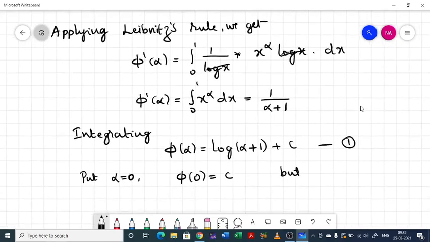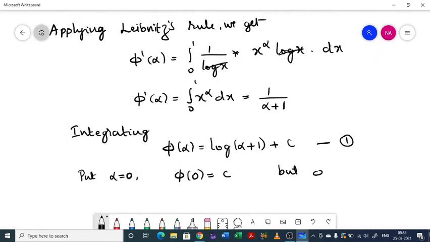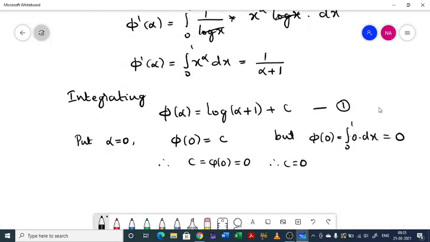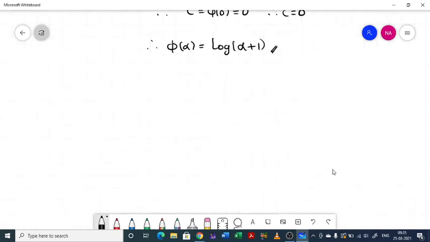So on the other hand, phi of 0, by definition, is integral 0 to 1 0 dx, which is 0. Therefore c equal to phi of 0 equal to 0. Therefore c is 0. Hence phi of alpha equal to log of alpha plus 1. That completes the solution of problem C.